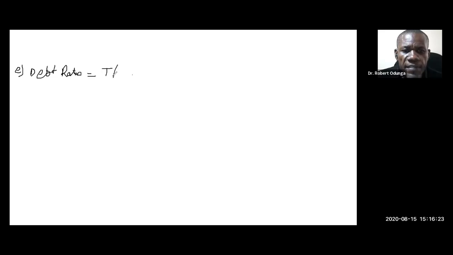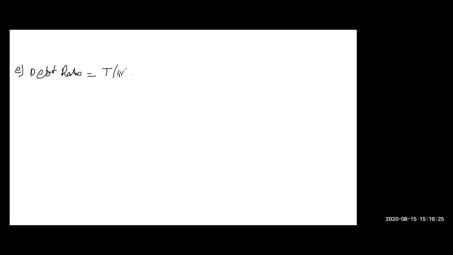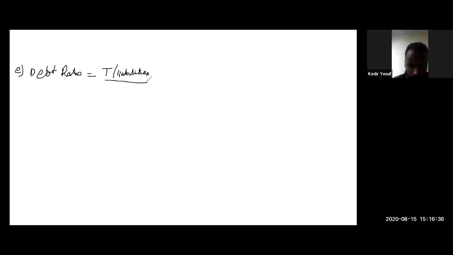So we are saying debt ratio, total liabilities over total assets.